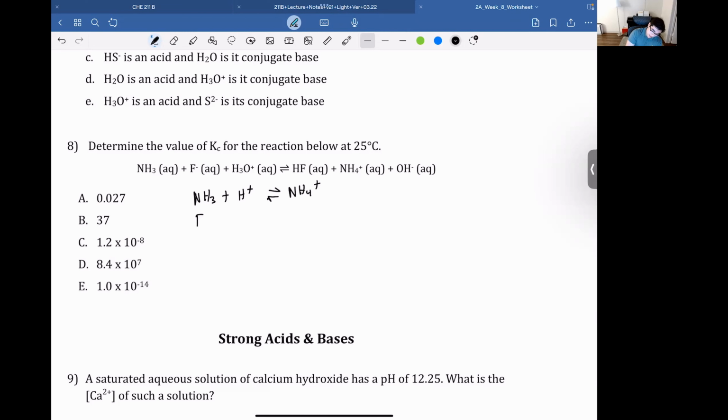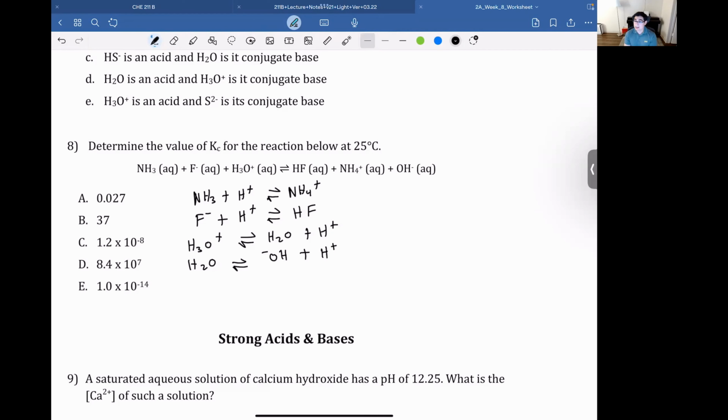We have F minus plus H plus in equilibrium with HF. We have H3O plus yields H2O plus H plus. Then we have H2O turns into OH minus plus H plus.